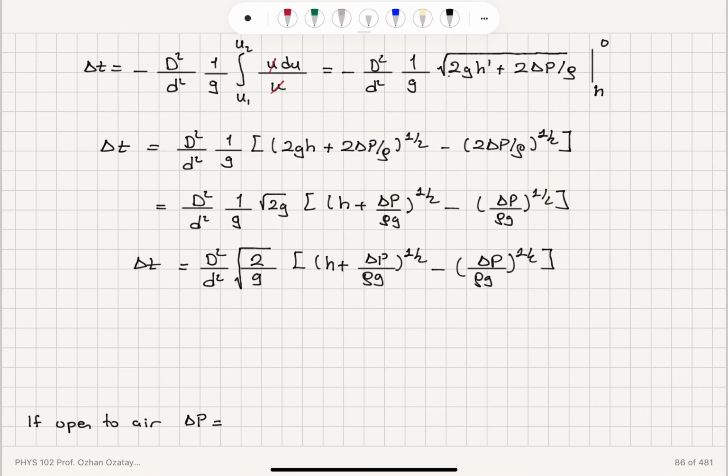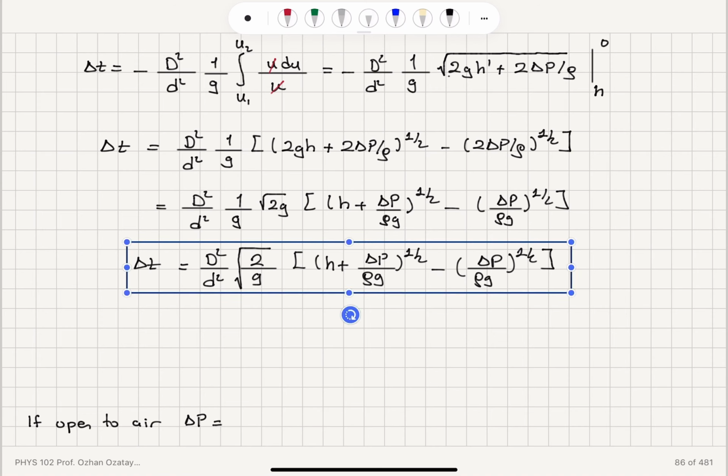And that's the symbolic answer for delta t, the time it takes to drain all of the water.